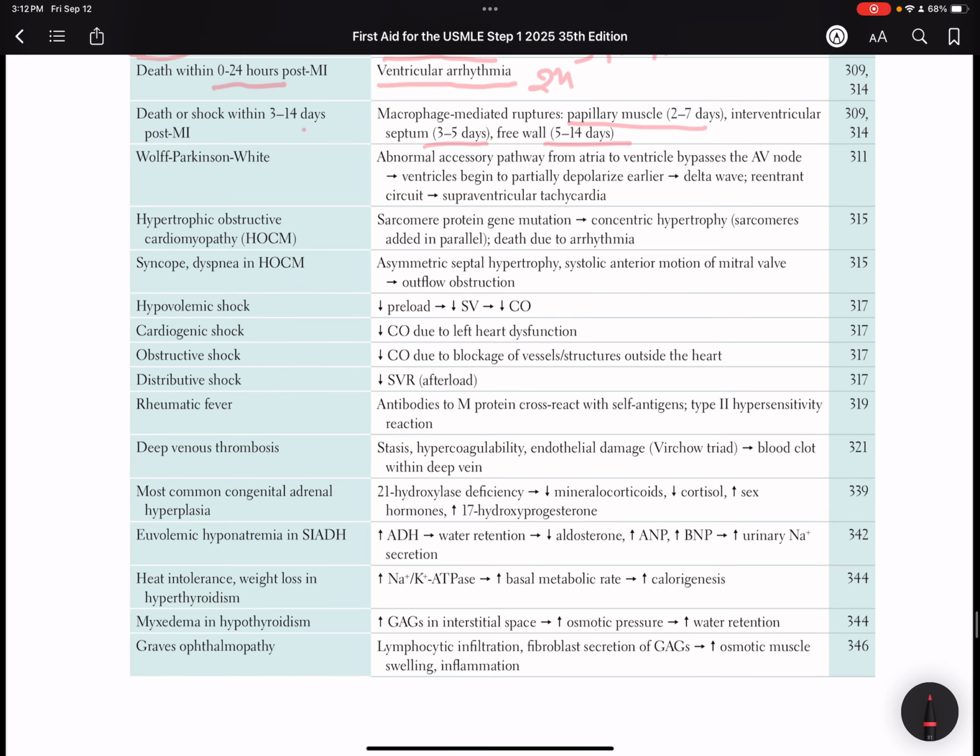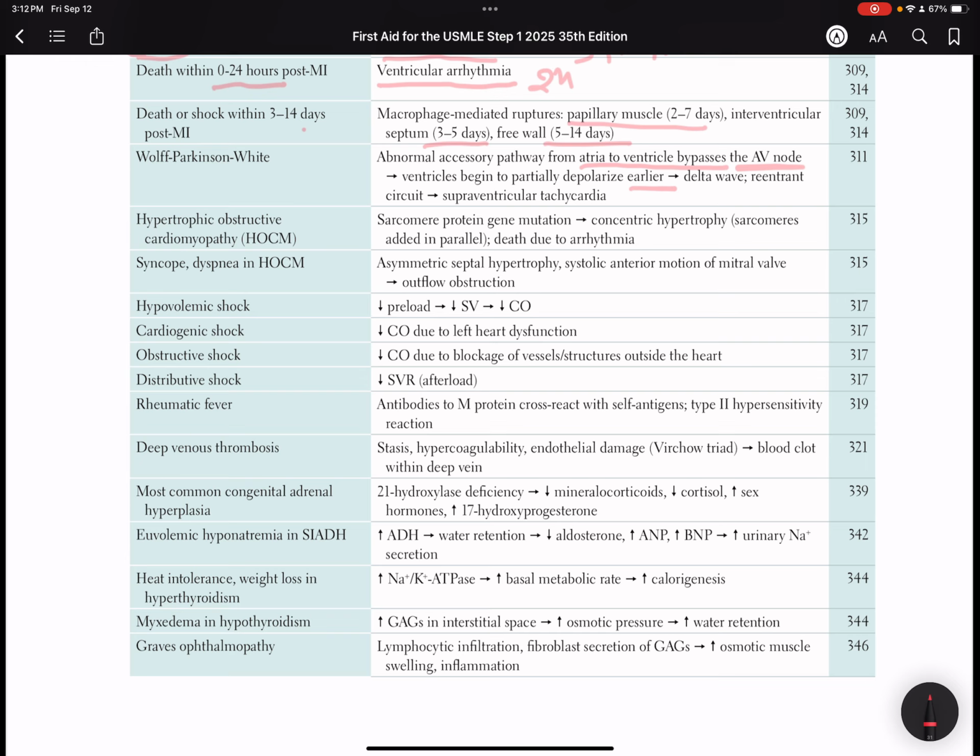Next is Wolff-Parkinson-White syndrome, WPW syndrome. This is an abnormal accessory pathway from atria to ventricle that bypasses the AV node, which leads to the ventricles beginning to partially depolarize earlier.